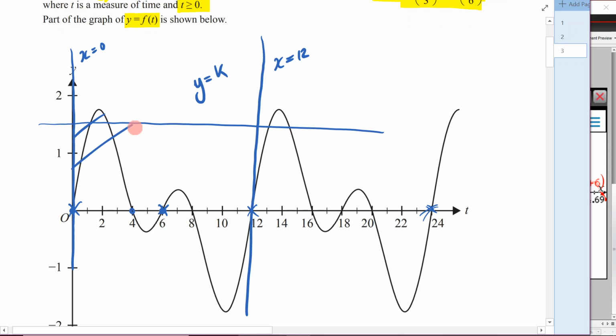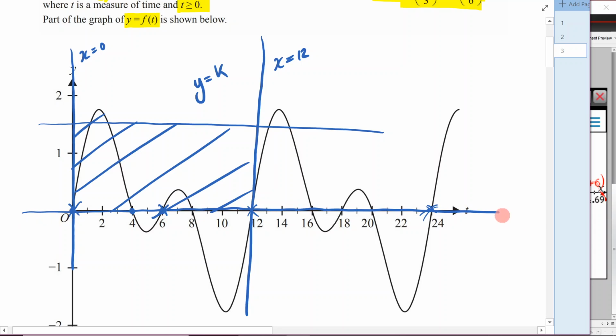So this area right here is going to be the same, and because it's also bounded by the x-axis, that area is going to be the same as the area bounded by the graph and the x-axis for one period. So that right there, they're going to be the same.